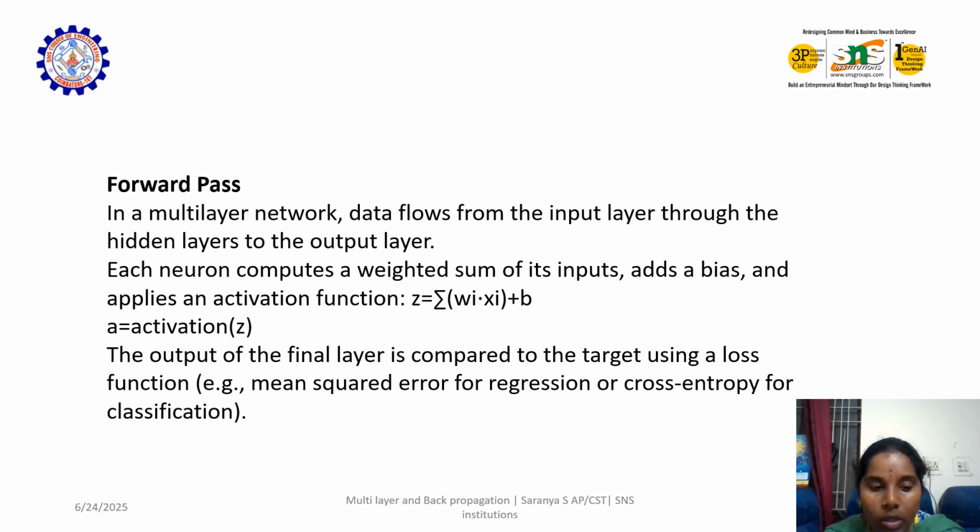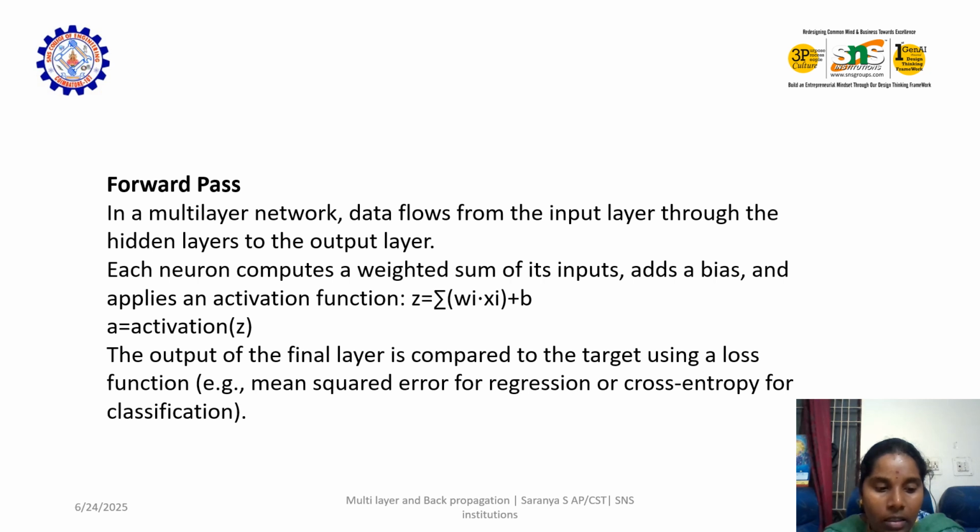During the backward pass, the algorithm calculates the gradient of the error function with respect to the weights and biases. These gradients indicate how much each weight and bias should be adjusted to minimize the error.